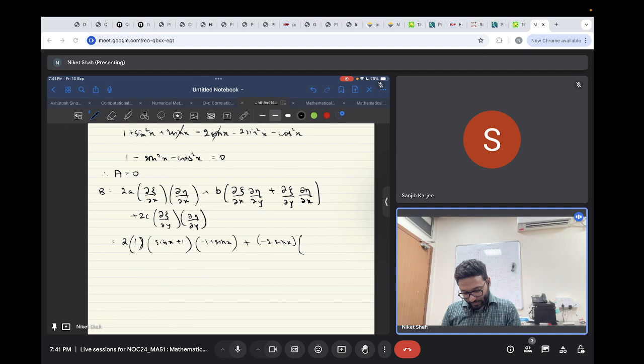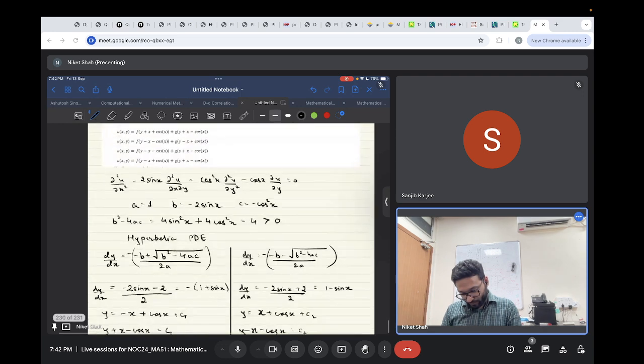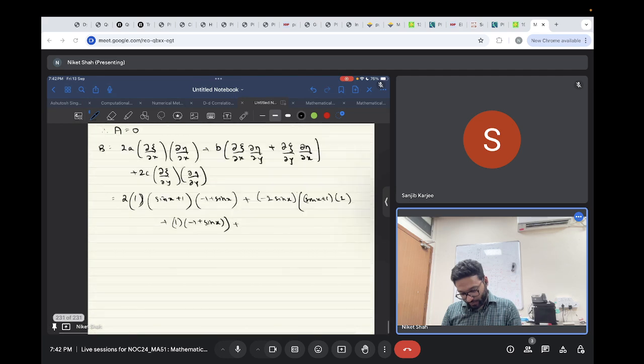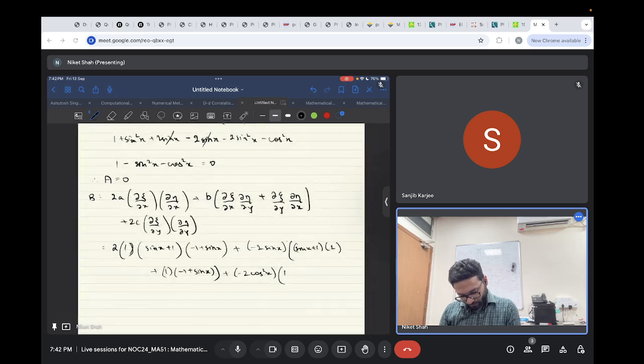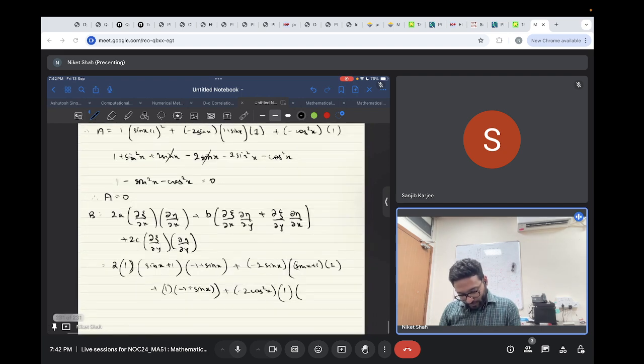Del zeta by dx is sine of x plus 1, del eta by dy, which is 1, plus del zeta by dy is 1, del eta by dx is minus 1 plus sine x, plus 2c, minus 2 cos square x, del zeta by del y, del eta by del y again.